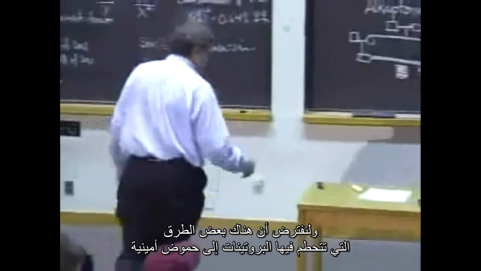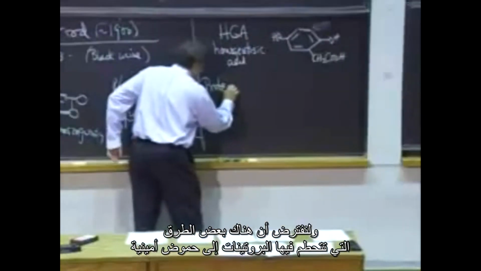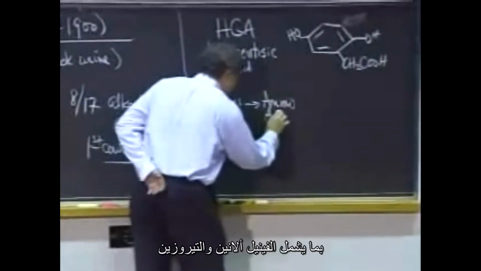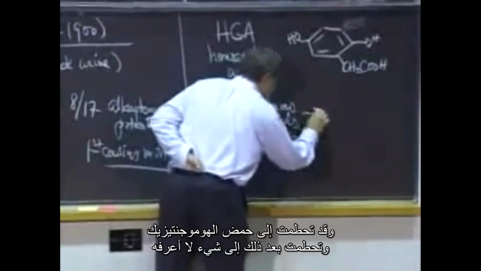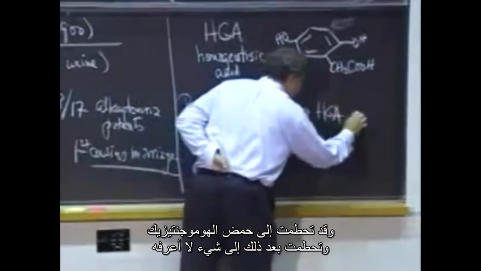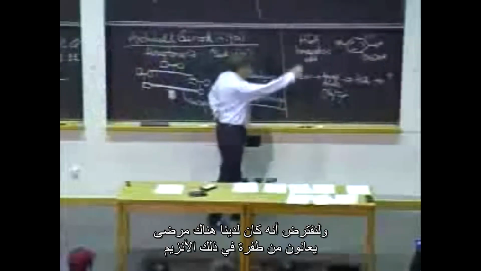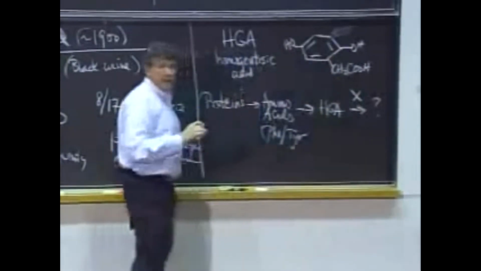Suppose there was some pathway where proteins were broken down into amino acids, including phenylalanine and tyrosine, and they were broken down into homogentisic acid, and then into I don't know what. And suppose, like we had up there, patients had a mutation in that enzyme.